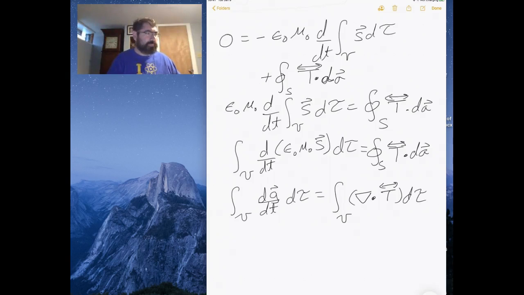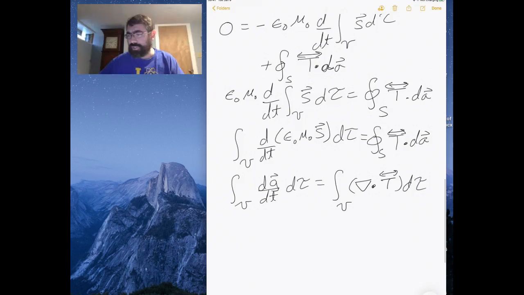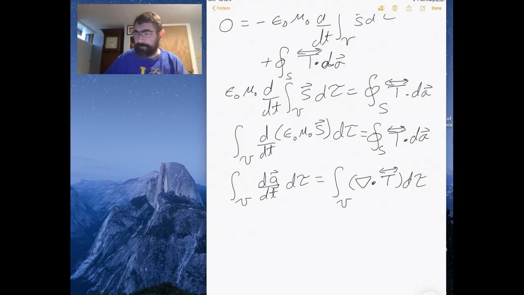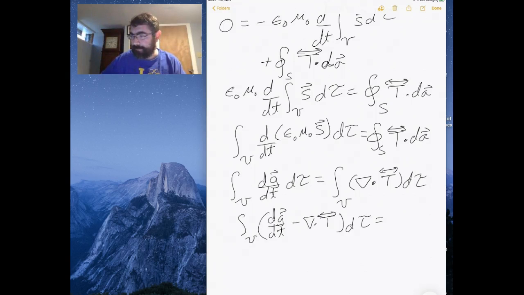Now, that means I could combine them together into a conservation law. So whatever's inside the integrand is equal to 0. Because if the volume is 0, it would just be a point, and that would be really boring.